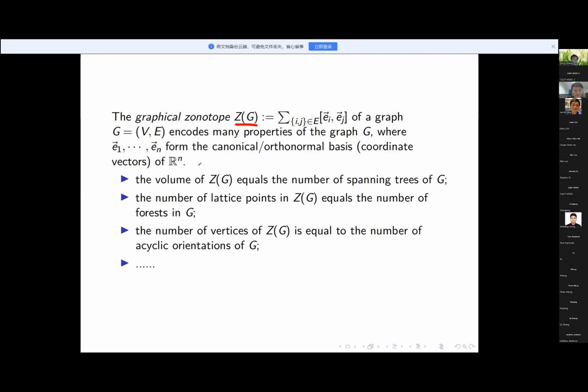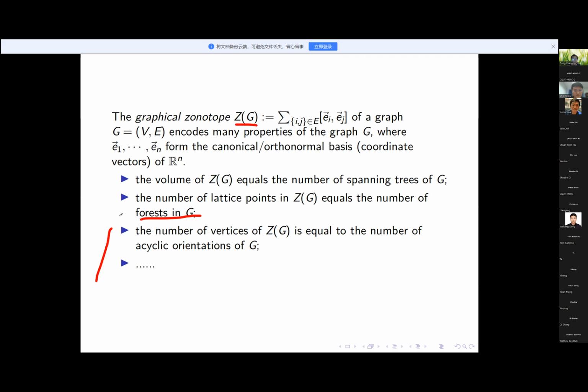And we know that the volume of Z of G is the number of spanning trees of G, and the number of lattice points in Z of G is the number of forests in G. And in fact, we have many more properties of the graphical zonotope.